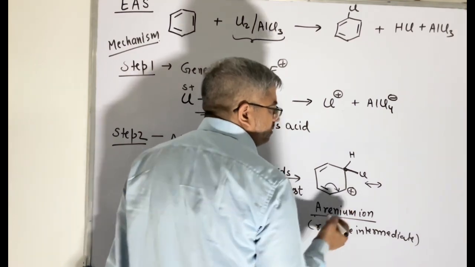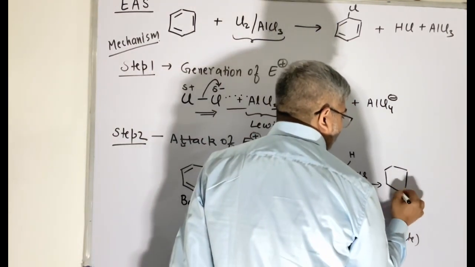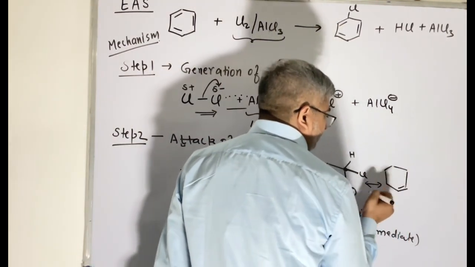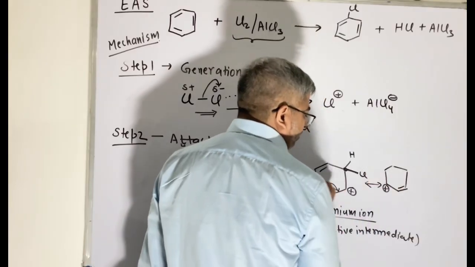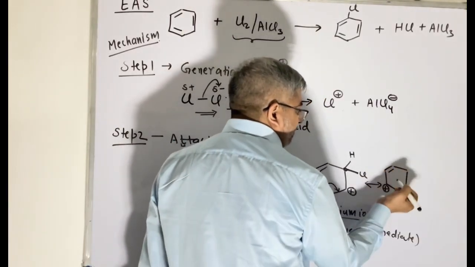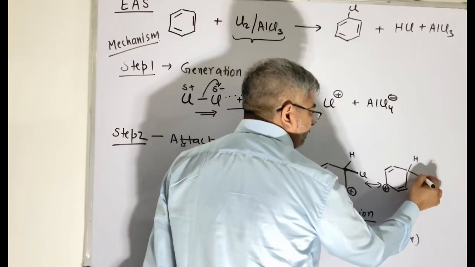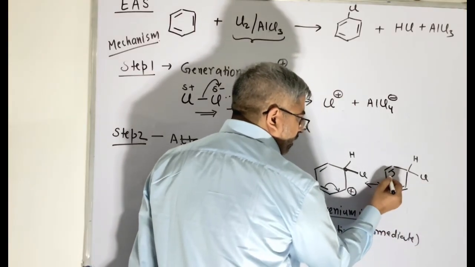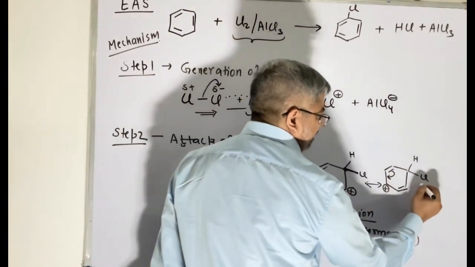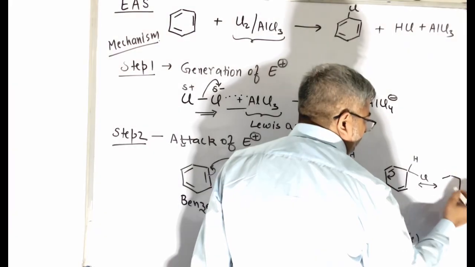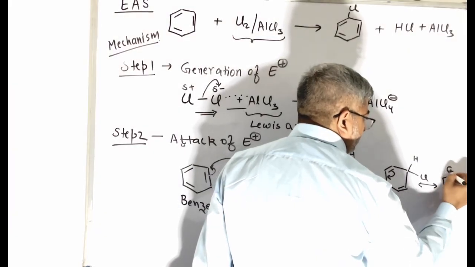So resonance is still happening here. Here positive charge builds up, and then this pi bond shifts over here and it will show resonance. The positive charge will be shifted over there.